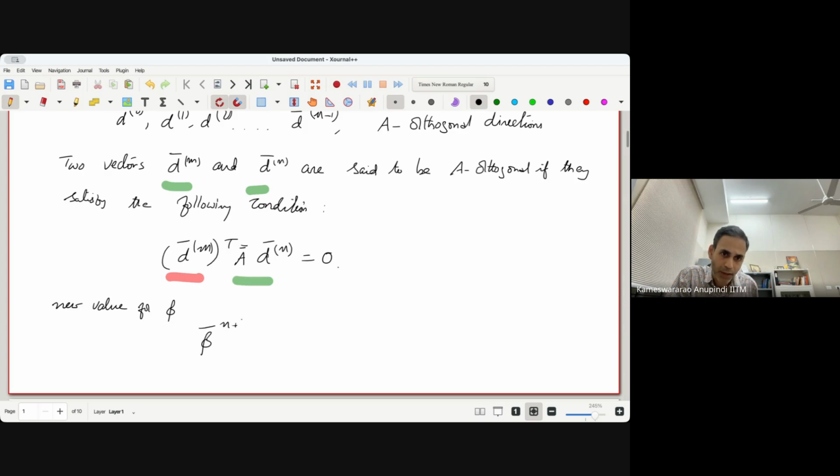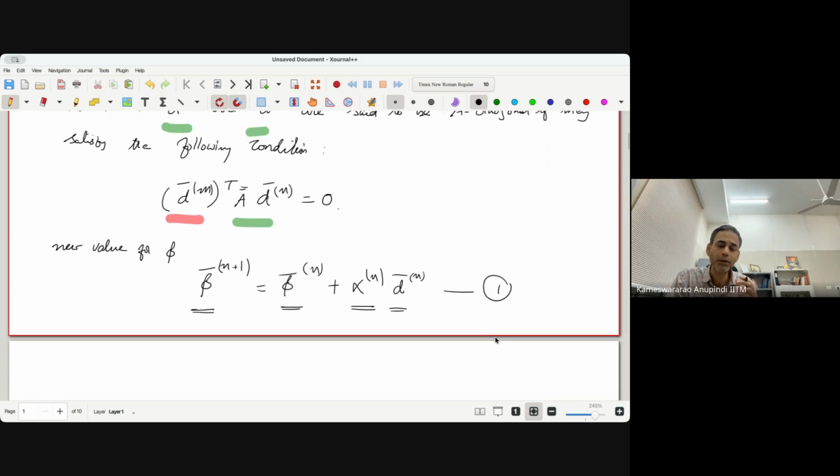So we can calculate phi n plus 1 equal to phi n plus alpha n times dn. That is how we can calculate the new value for phi n plus 1 from phi n by taking exactly the right amount of step alpha n in the direction of dn. That is how we can calculate our new guess value for phi.